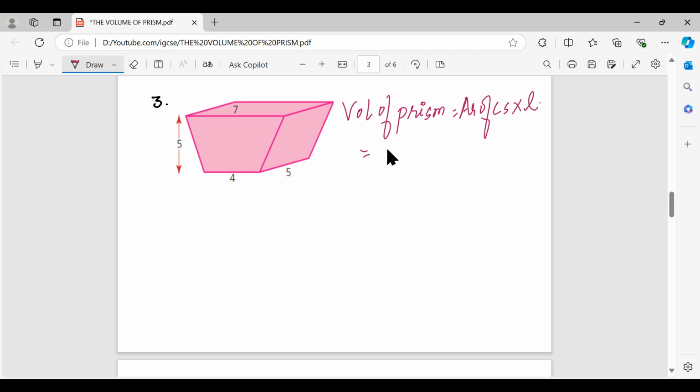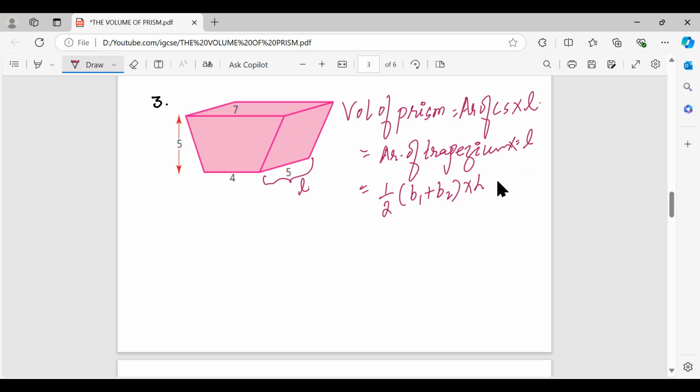So we have to find the area of the trapezium and multiply it with the length, which is this length. The area of a trapezium is half the sum of the bases times the height, and then we multiply by the length.